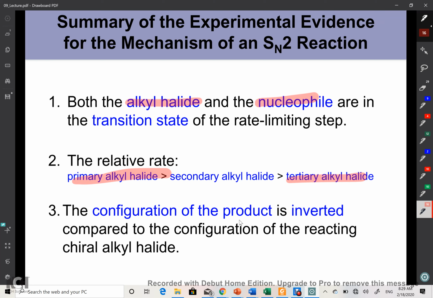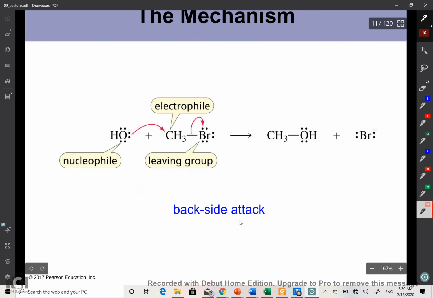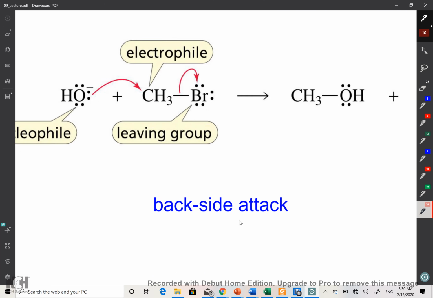And thirdly, we learned that the SN2 mechanism leads to a reversal of configuration. Does that make sense? Once we have all those three things, we can now come up with a mechanism. We can now bring in arrows to show how things happen.